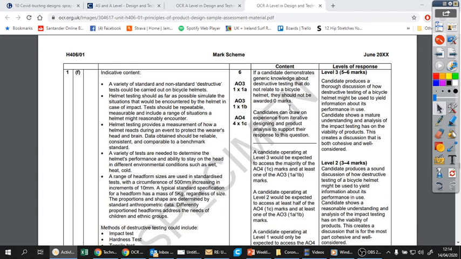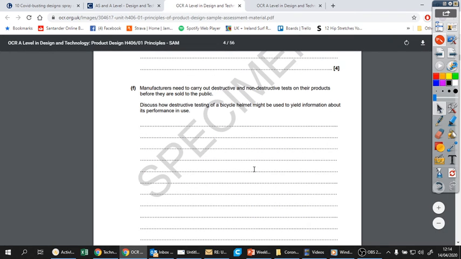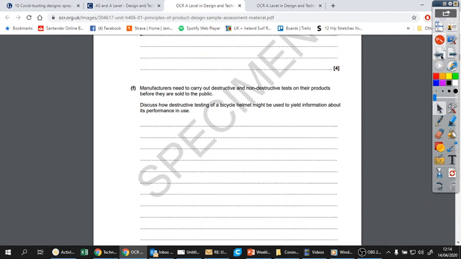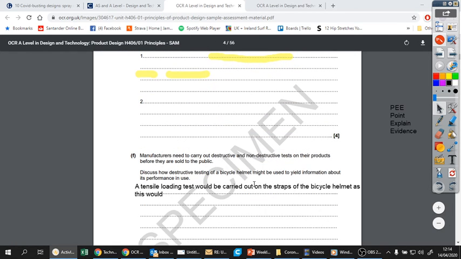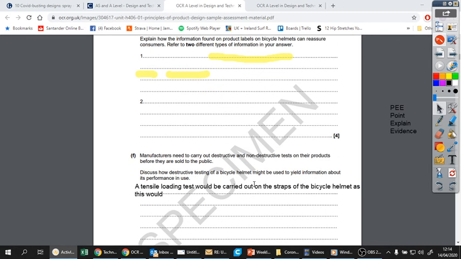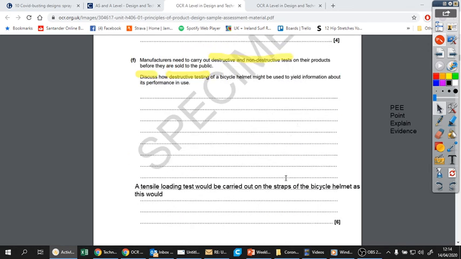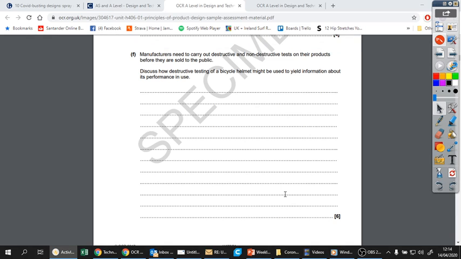So the thing is, it's how many marks? It's 6 marks. Okay, so what you would be looking for is, let's just put that back up there. Anyway, because it's 6 marks, you'd be looking at a minimum of 2 different paragraphs.